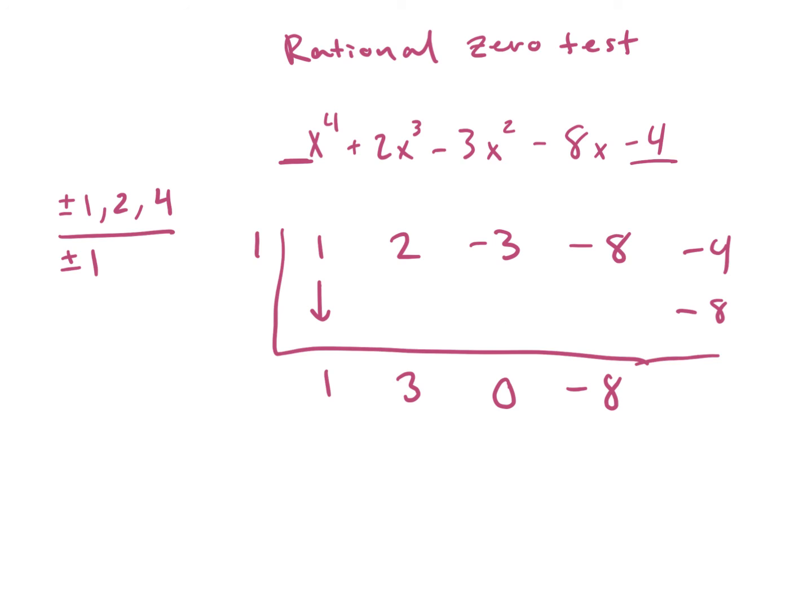What should I try next? Let's try -1. Multiply, add, multiply, add, multiply. This would be 4, add, -4, multiply, +4, add, we get 0.